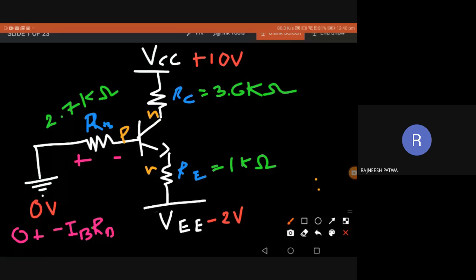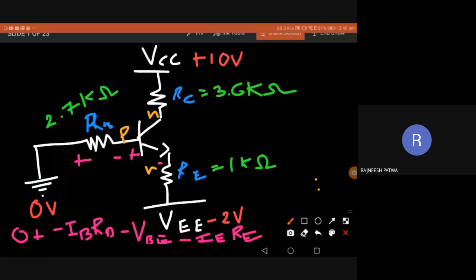I don't know what IB is till now. And then we have VBE, again minus VBE, minus IE RE. Okay, I think this equation is clear, and it is equal to 0. Yes, it is equal to 0 definitely. Any doubt?